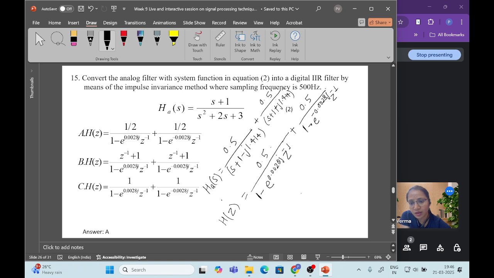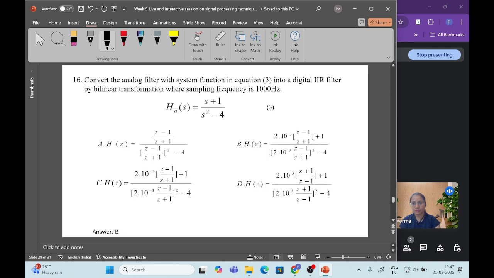One is minus and one is plus. So if you just simplify it, we will get option A as the correct answer for this question. I hope you are getting it.